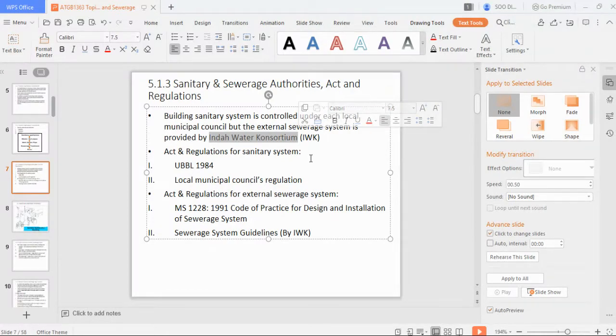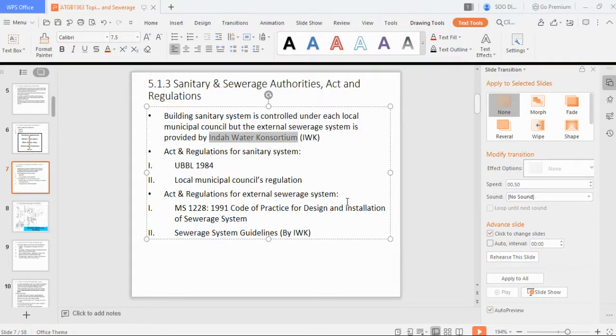We are actually paying for it when we buy our house. Our house also includes the road in your area, and also your piping and sewage treatment plant. Okay, so this is the idea behind sanitary.